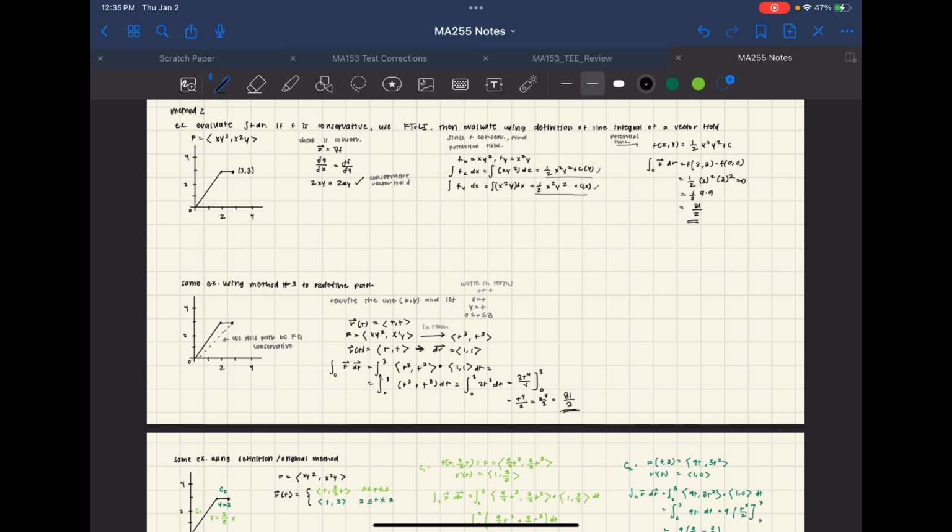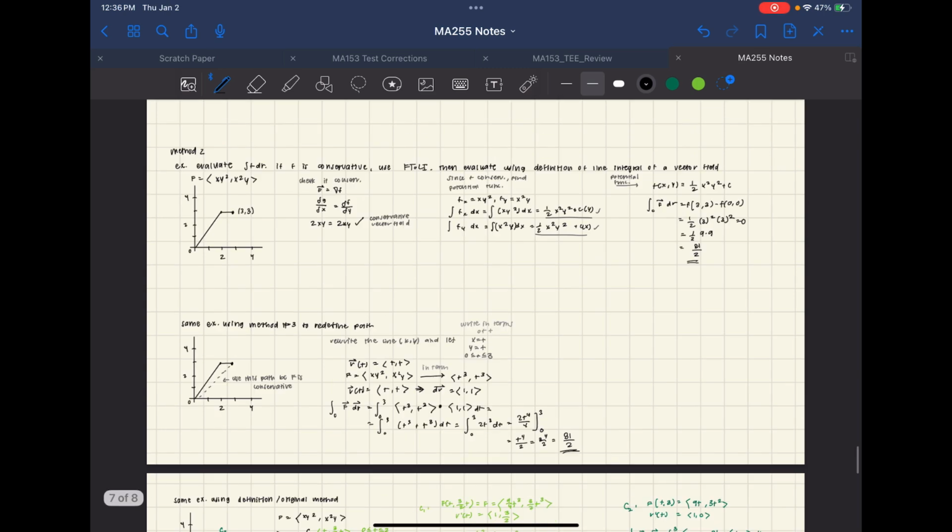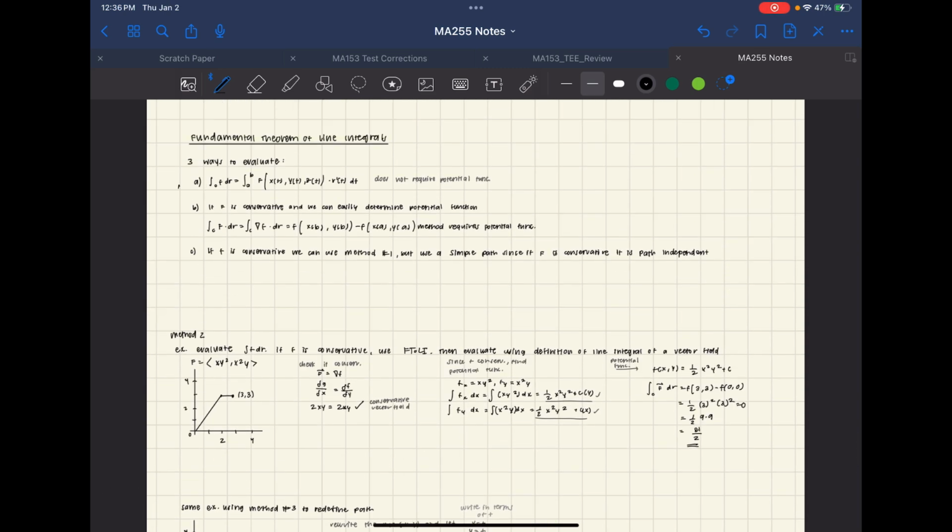By understanding the 3 methods, direct parameterization, using potential functions, or simplifying the path, you can solve line integral problems. And with conservative fields, the fundamental theorem of line integrals provides that shortcut to do that.